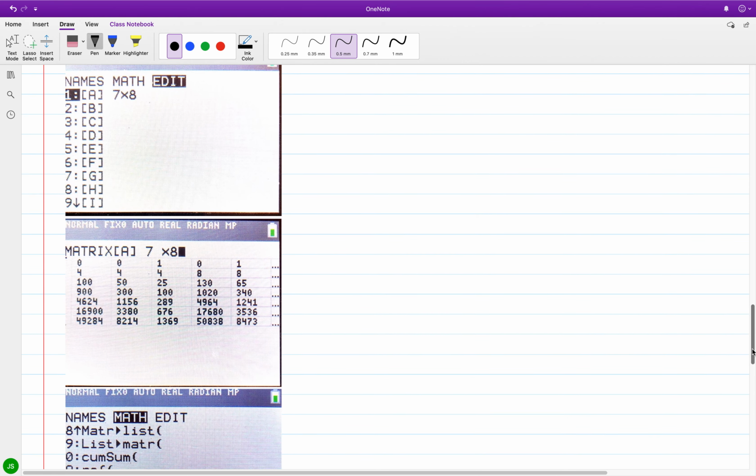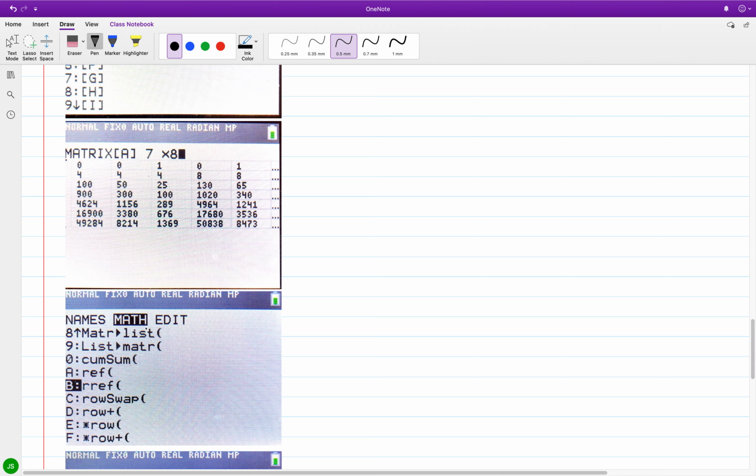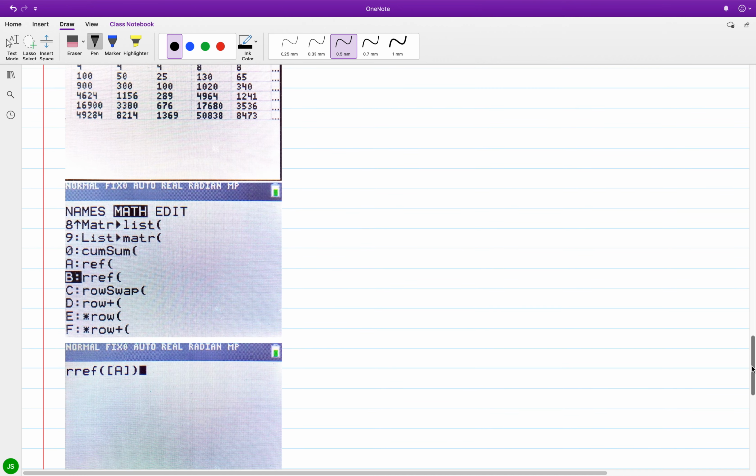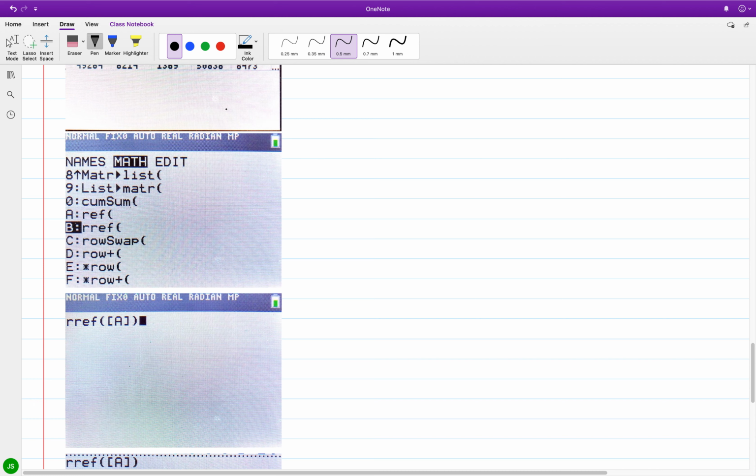After doing that, I went back to the matrix menu, selected math, and chose the reduced row echelon form. And again, choosing the matrix A, which is that 7 by 8 array where the last column holds the values to which each equation is set equal.